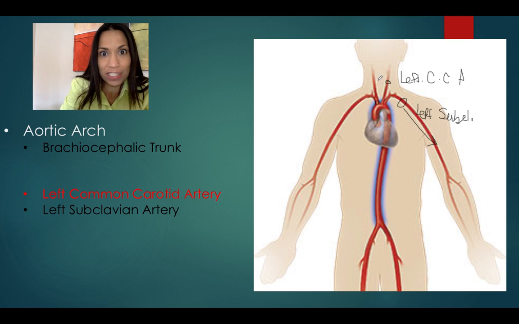Now, pay attention and see how the brachiocephalic trunk diverges, branches into this one and this one. Does it look like on the left side? Yes, it does. So we're going to call this the right common carotid artery and the right subclavian.